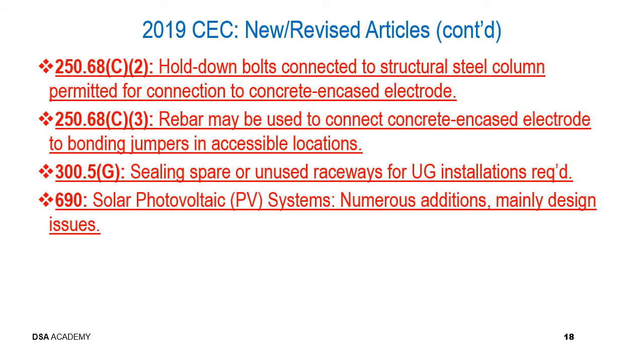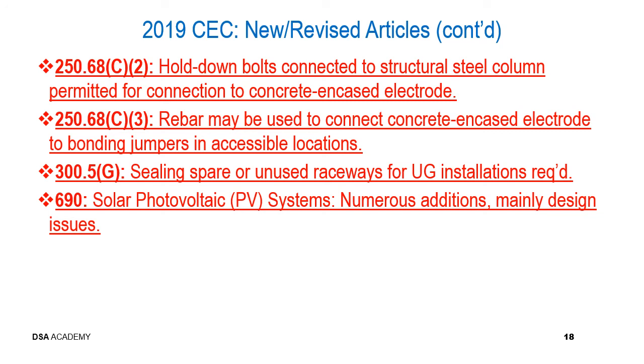Continuing with some new and revised articles in the 2019 edition of the CEC, Article 250.68C2, hold-down bolts connected to structural steel columns are permitted for connection to concrete encased electrodes. Article 250.68C3, rebar may also be used to connect concrete encased electrodes to bonding jumpers in accessible locations.